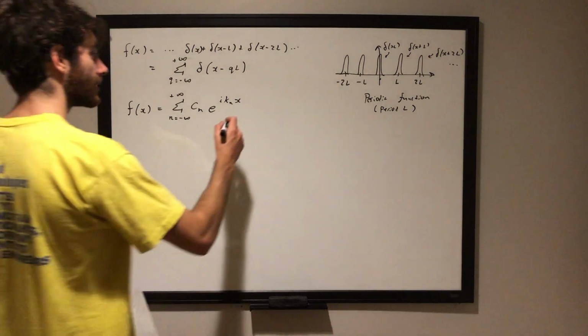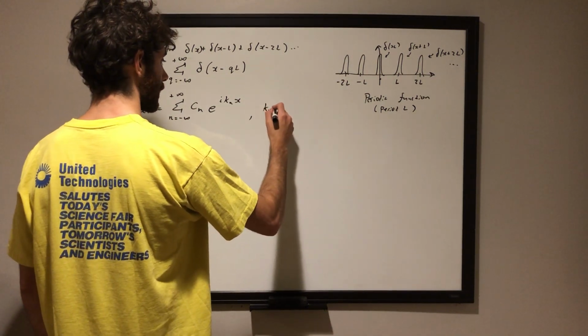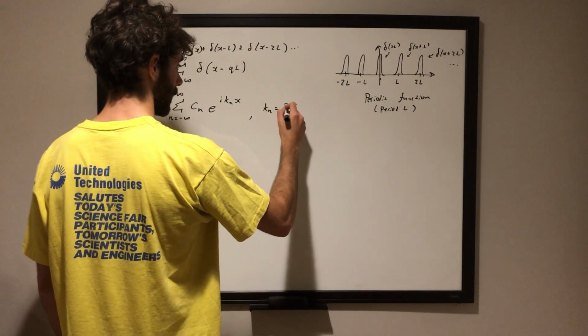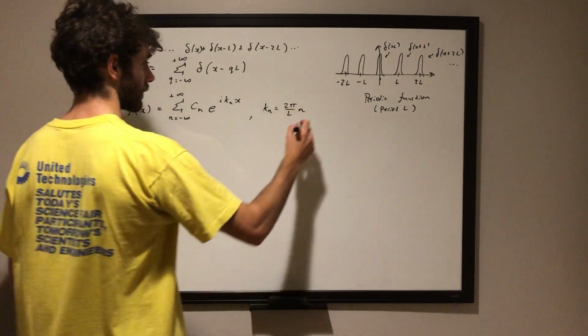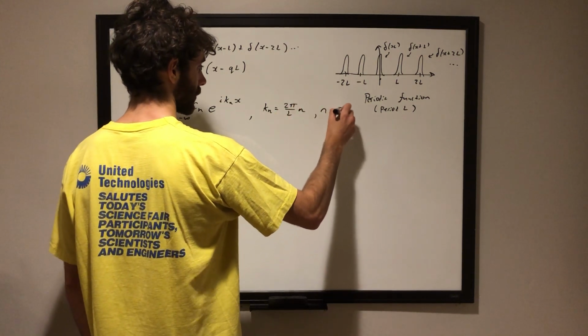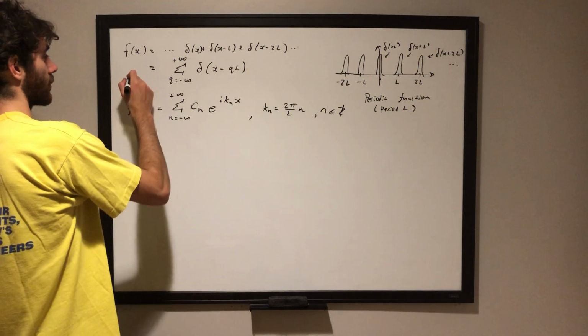And here we have k_n equals 2 pi over L times n for n integer. Q is an integer too.